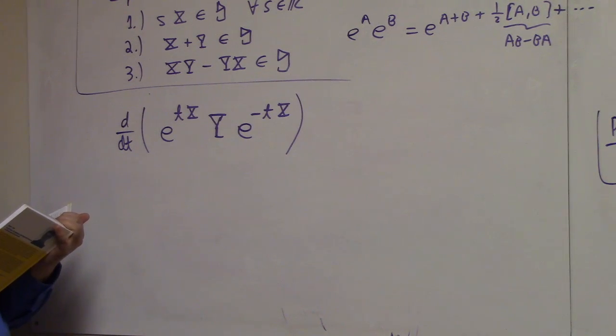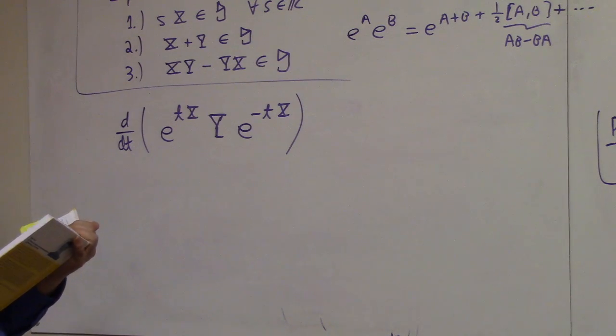That's kind of neat. I don't know what that does for me. But how do we get there? Don't we start with e to the t times xy minus yx? How do we get to that from the definition of the algebra?